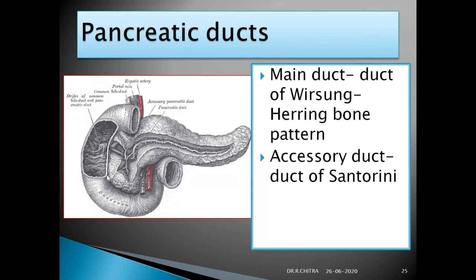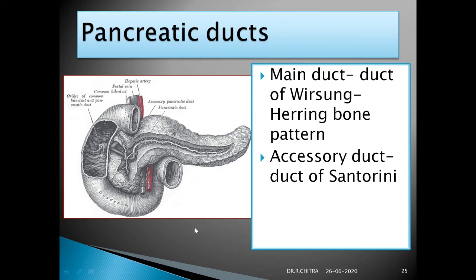Now you are seeing the other pancreatic duct, the accessory pancreatic duct, which drains the uncinate process and the lower part of the head of the pancreas, so that it opens into the minor duodenal papilla, which is about 2 centimeters above the major duodenal papilla.